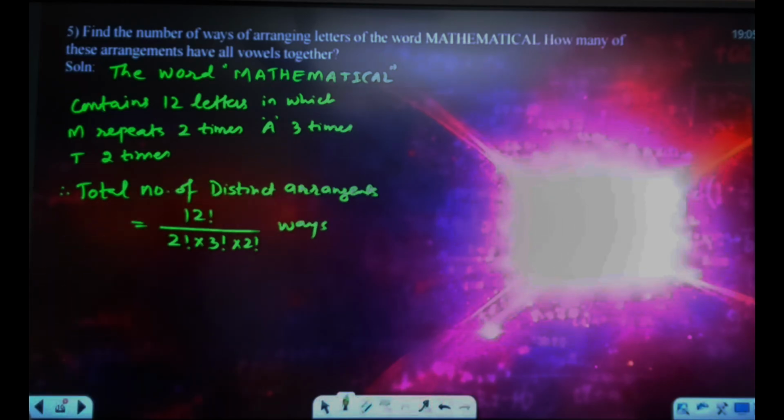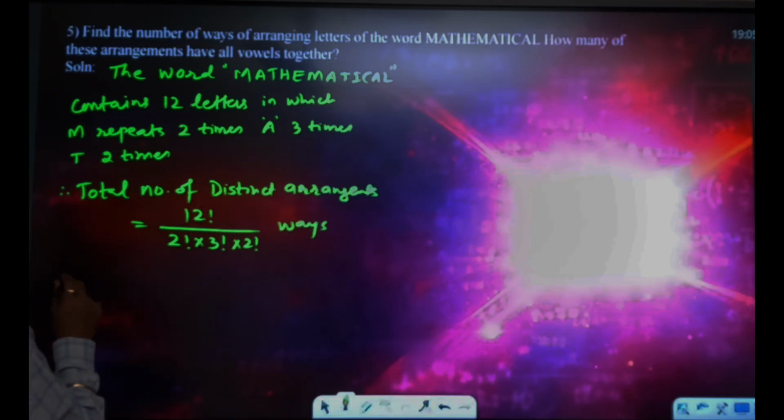Then in second part, how many of these arrangements have all vowels together?